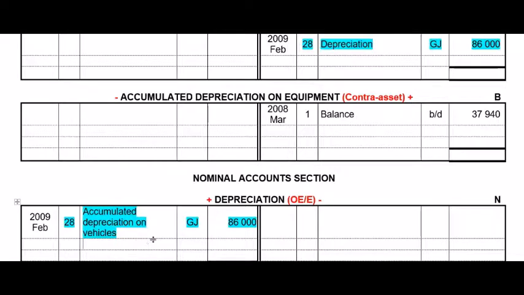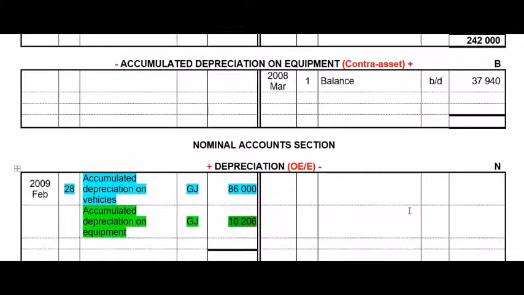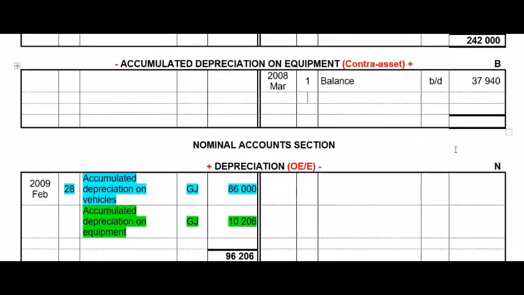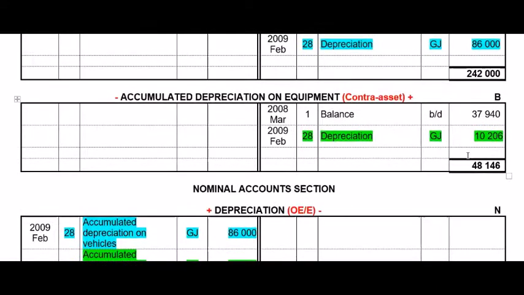Then for equipment, the debit leg will also be in the depreciation expense account. Okay, bringing our total depreciation to 96,206 Rand. And the credit leg for the equipment depreciation will go to accumulated depreciation on equipment, bringing the total accumulated depreciation on equipment at the end of the year to 48,146.